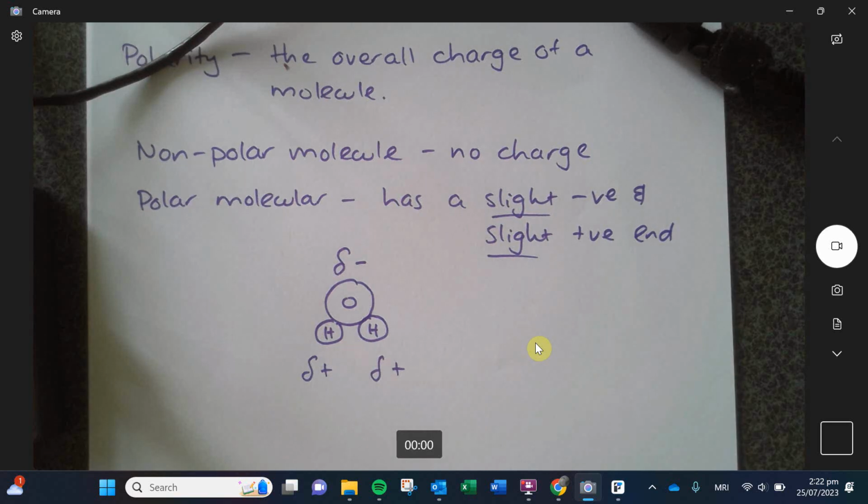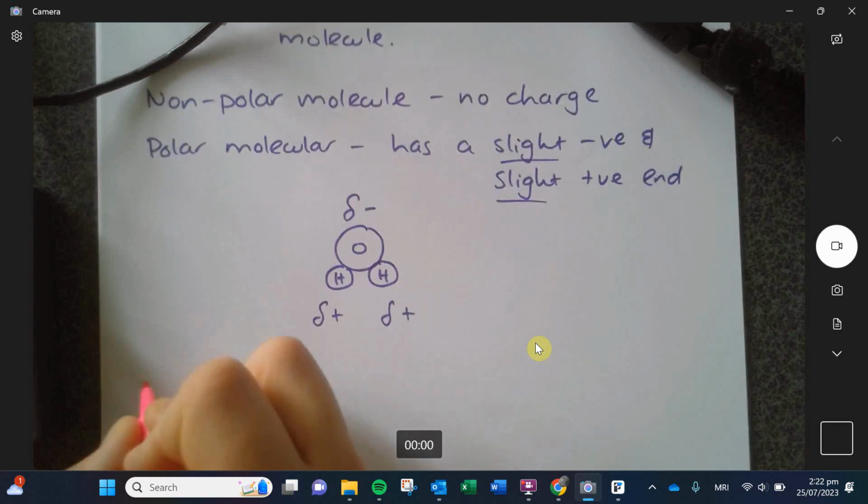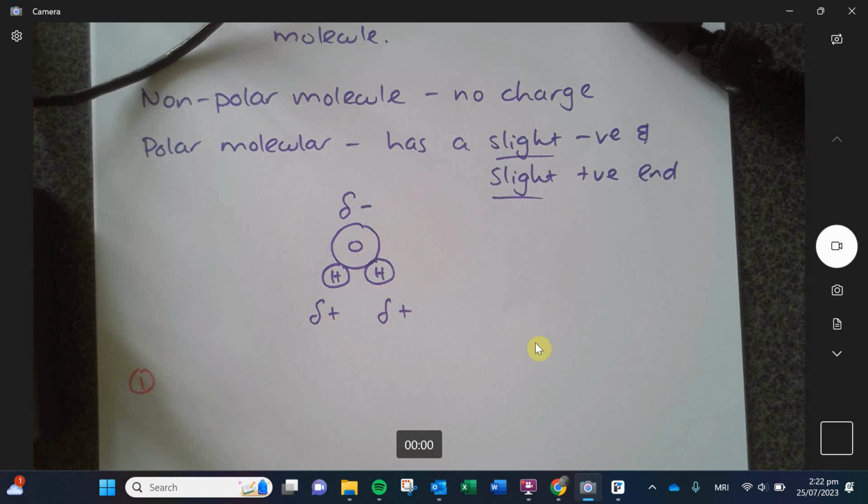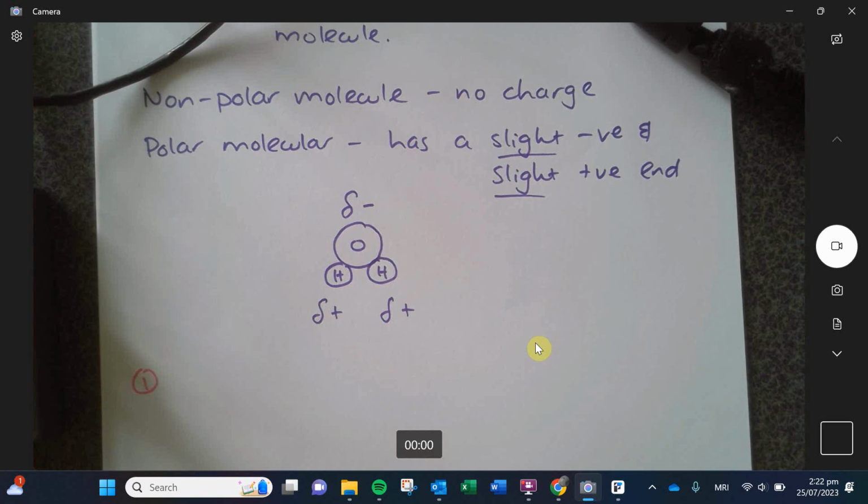So, two steps you guys have to make in order to make this decision. The first step, step number one, is that we need to decide if the bonds in the molecule are polar or nonpolar. When we are deciding if a bond is polar or nonpolar, we're basically asking, are the shared electrons involved in the covalent bond being shared equally?